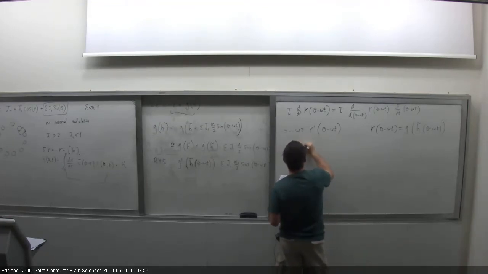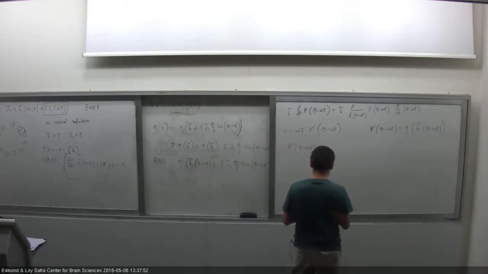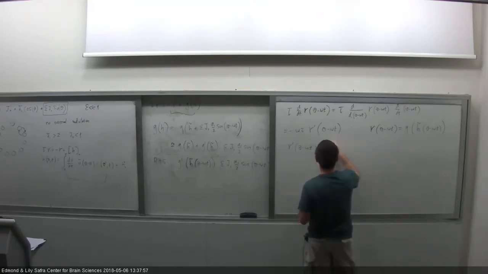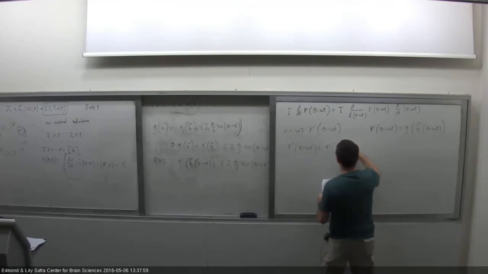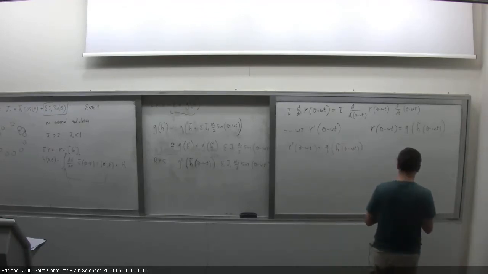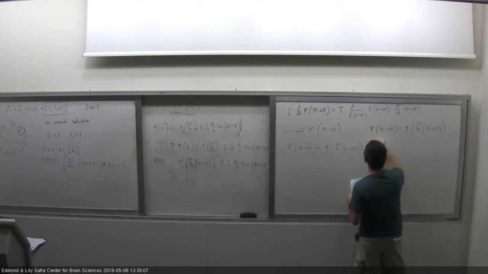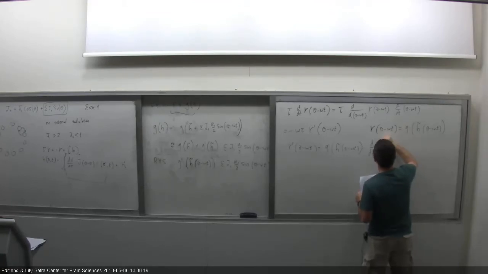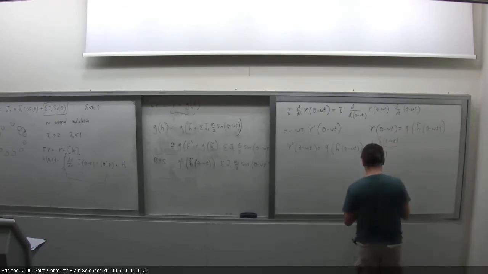So R prime of theta minus WT is equal to G prime of H tilde of theta minus WT times d d theta minus WT of H tilde of theta minus WT.